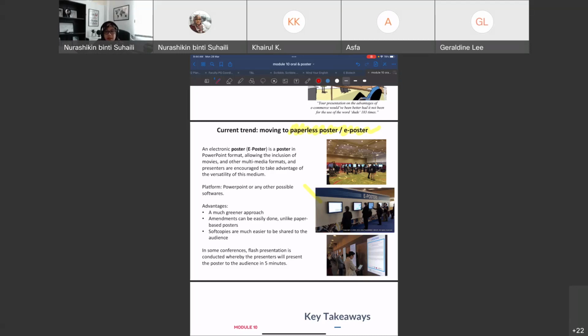Also you can make amendments from time to time. Even if you have to adjust things before the conference, it is very convenient and flexible compared to a paper poster. If you have amendments after you print it, you have to print it again, which is not really practical.